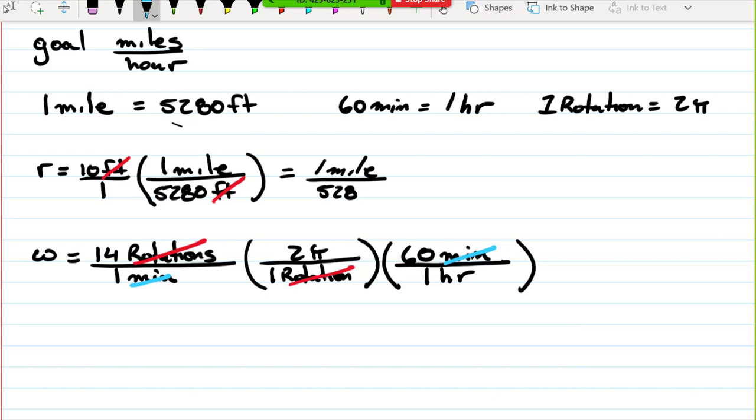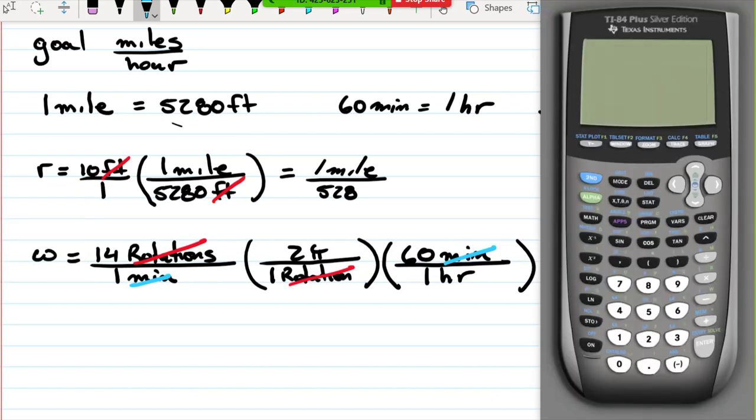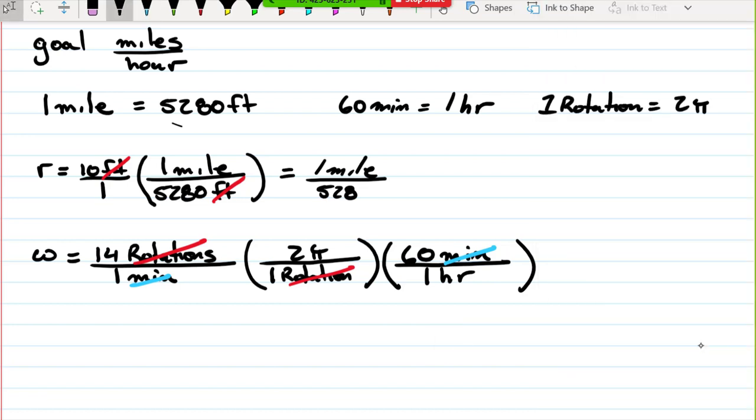So now I multiply across the top, and I get 14 times 2 times 60 gives me 1,680 pi, and then my units that are left in the top, there are none, because it's the pure units radians, divided by hours.